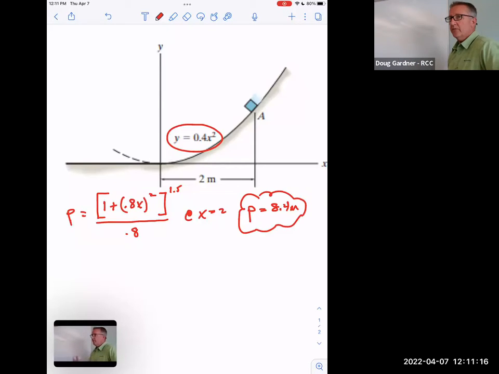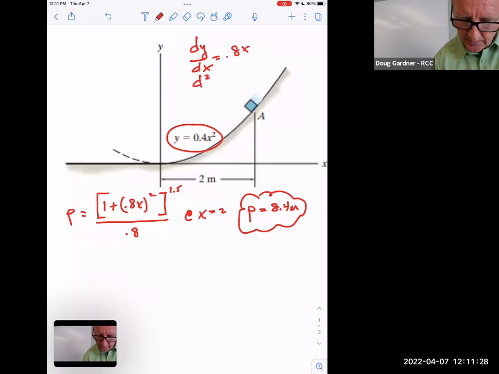Since I can, why don't I just figure out what it said? So I'm going to write up here dy/dx equals 0.8x. Notice the weird language for this. The second derivative of that equation is written kind of strangely. f prime of x and f double prime of x is a nicer language for that if you think back to calculus.